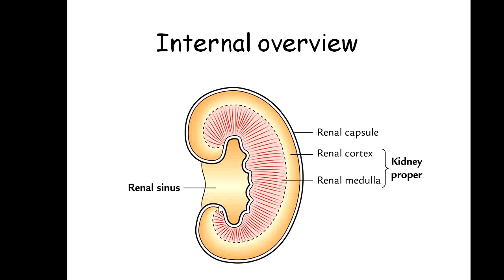The renal sinus contains a large number of tissues, while the renal medulla also contains large number of tissues. These three major portions represent the internal overview of the kidney.